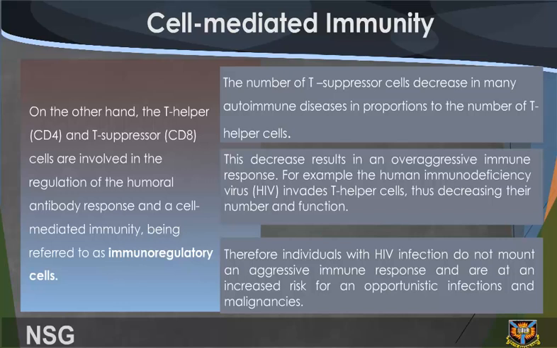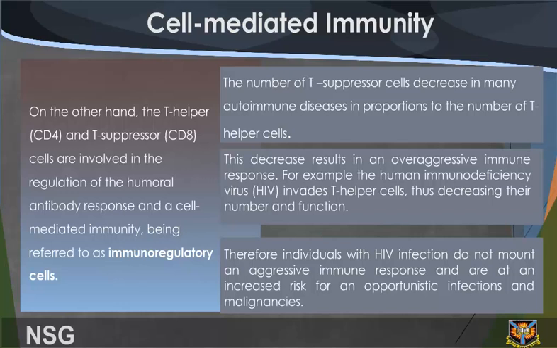On the other hand, the T helper CD4 and T suppressor CD8 cells are involved in the regulation of the humoral antibody response and cell-mediated immunity, being referred to as immunoregulatory cells. The number of T suppressor cells decreases in many autoimmune diseases in proportion to the number of T helper cells. This decrease results in an over-aggressive immune response.